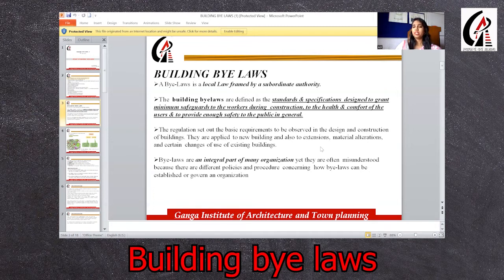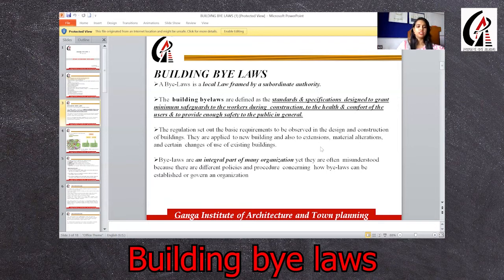Why are we following building bylaws in any particular area, in any particular town of different states having different authorities? It will be beneficial for the town planner and for the architect, on how to design with some rules and regulations. Those rules and regulations will be beneficial for the users, and they also make building easier.